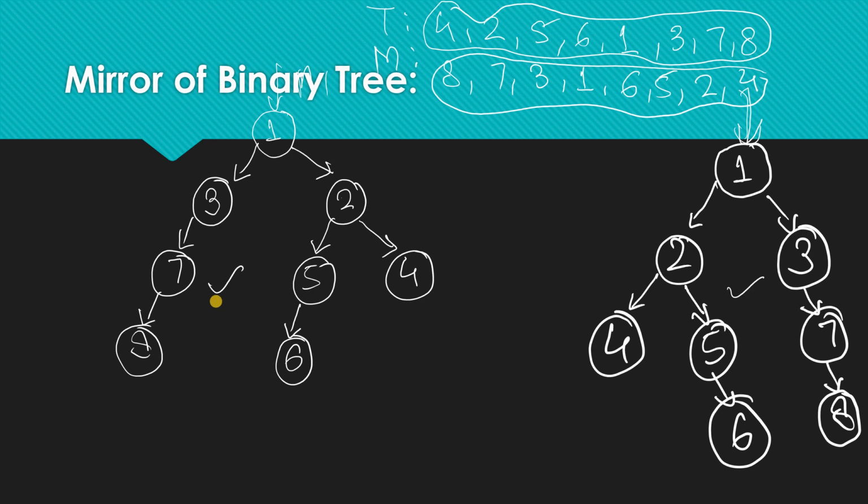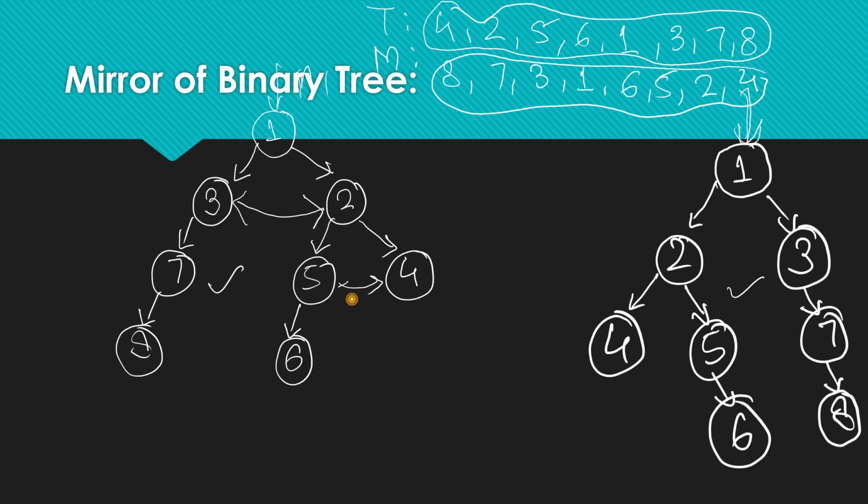Okay, so if you look closely, what we are actually doing here is swapping the left child with the right child at each and every position, right?